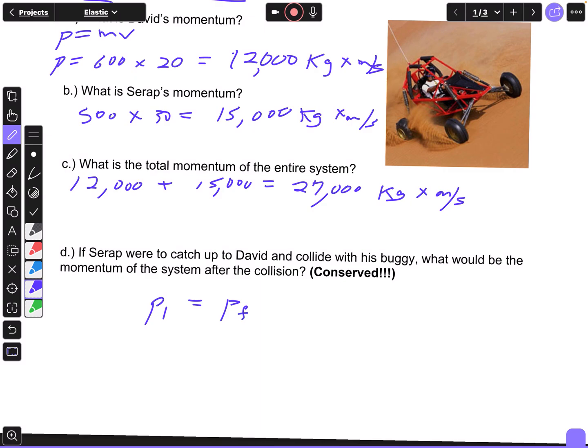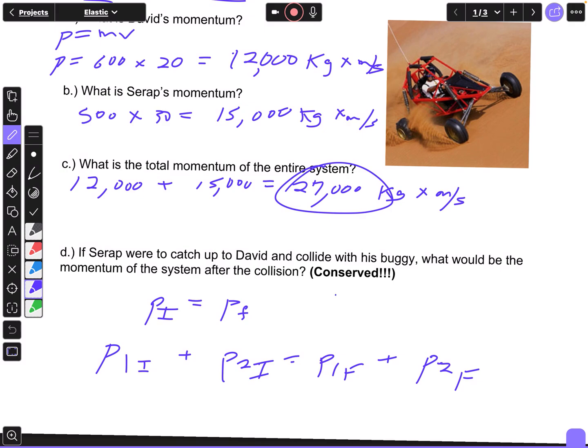If we had a first object, that would be P1 and its initial momentum plus P2's initial momentum would equal P1's final momentum plus the momentum of the second object's final. But it would be the same. That's the initial momentum of both of them added together, so the final momentum would equal 27,000 kilograms times meters per second.